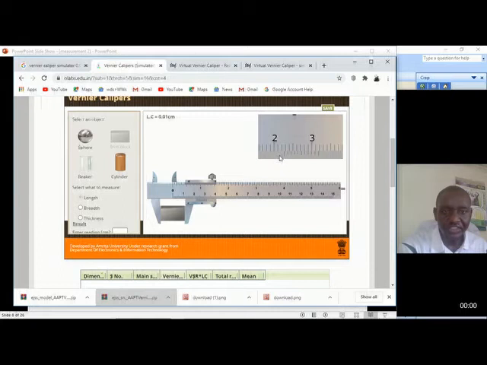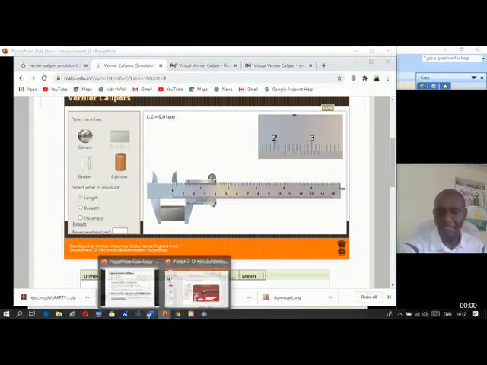For you to read what is in the main scale, you read up to where the vernier scale starts. So you can't say 2.3 because the vernier scale has started. So you record 2.2. And what is the next thing?